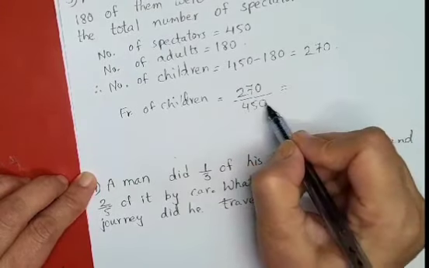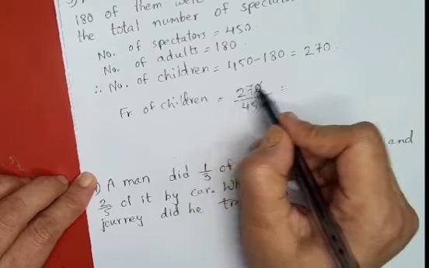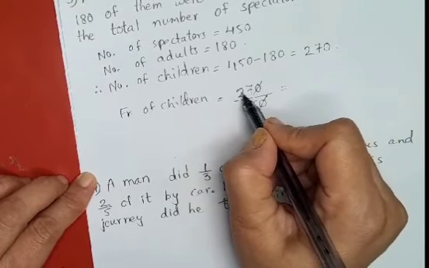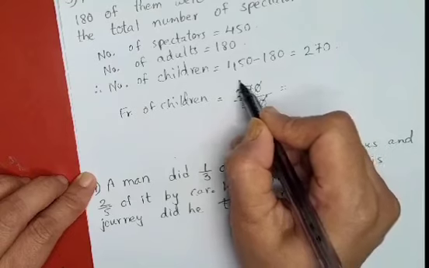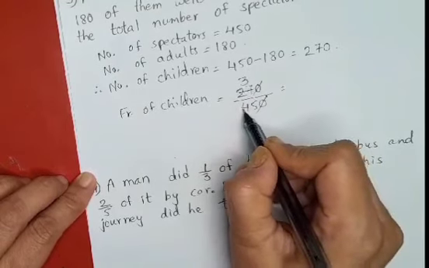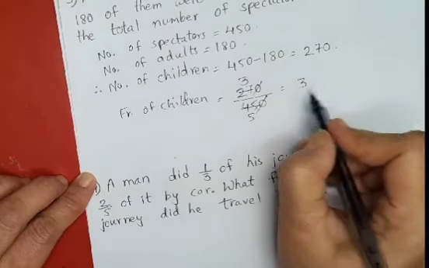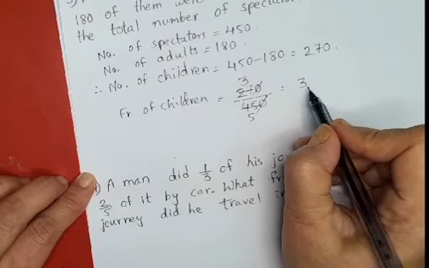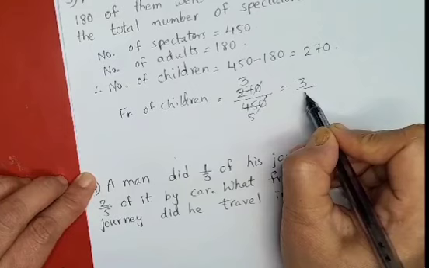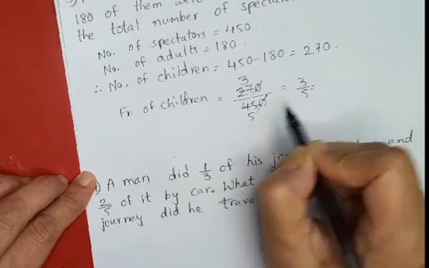So here we get the common factor as 9. 9 times 3 is 27 and 9 times 5 is 45. So the fraction of the total number of spectators who were children is 3/5.